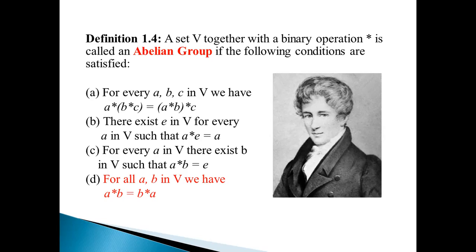Also, we must have an inverse for each element in V, and most importantly, elements in the set V must commute. The fourth condition is what makes the group abelian, because the first three are just the definition of a group. But for a group to be abelian, you need an extra condition of commutativity.